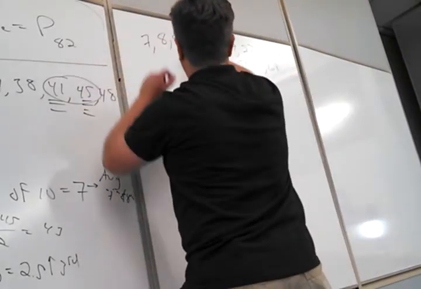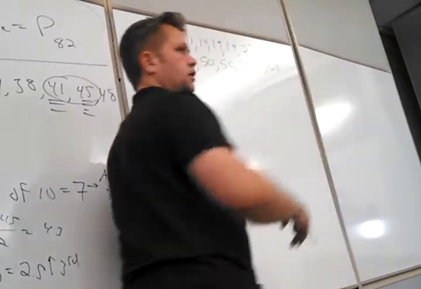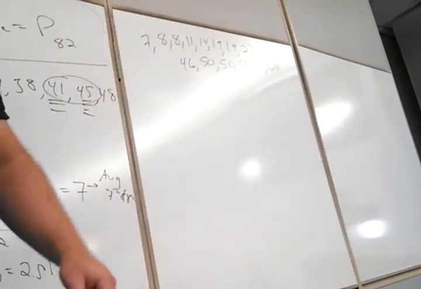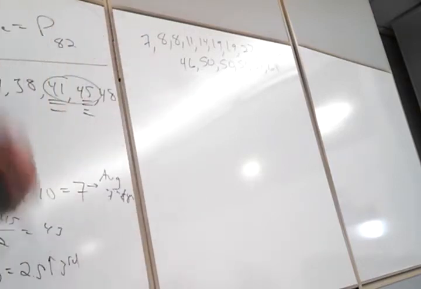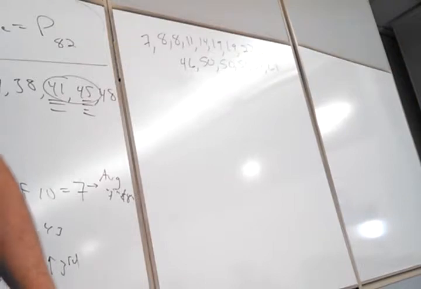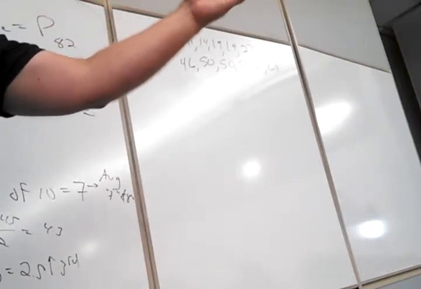Alright, so 1, 2, 3, 4, 5, 7, 8, 9, 10, 11, 12, 13, 14, 15, 16. Just make a little bit bigger thing, not based on 10, so we can get away from that. We're going to find what's called the 5-number summary. We naturally want to break things into quarters.